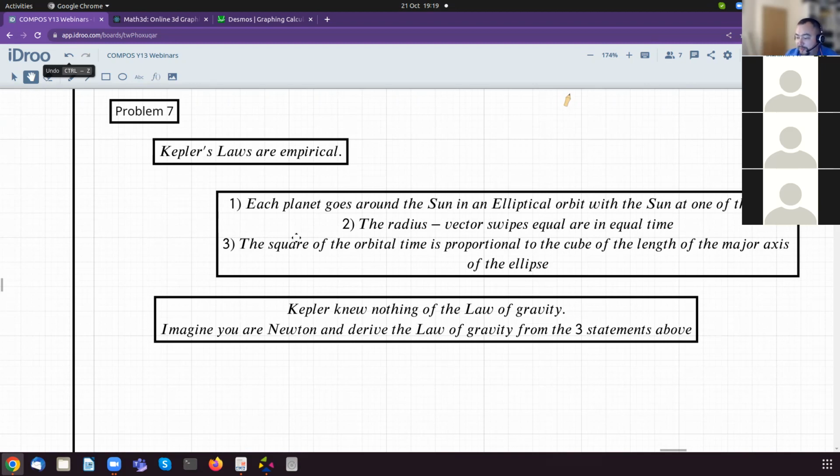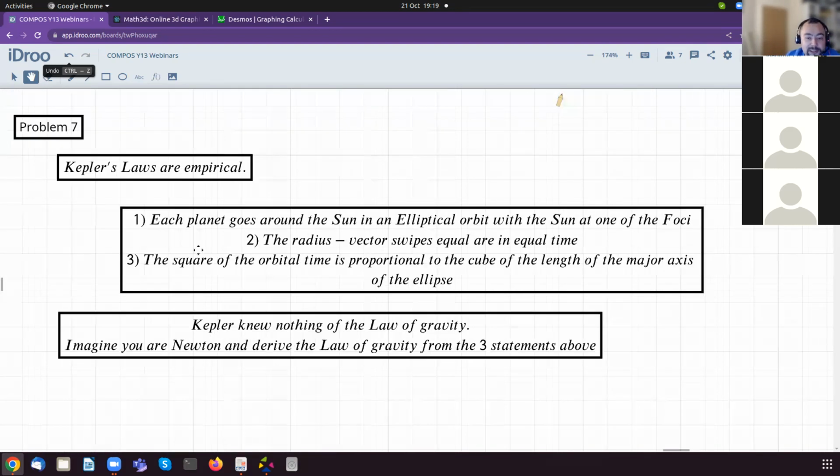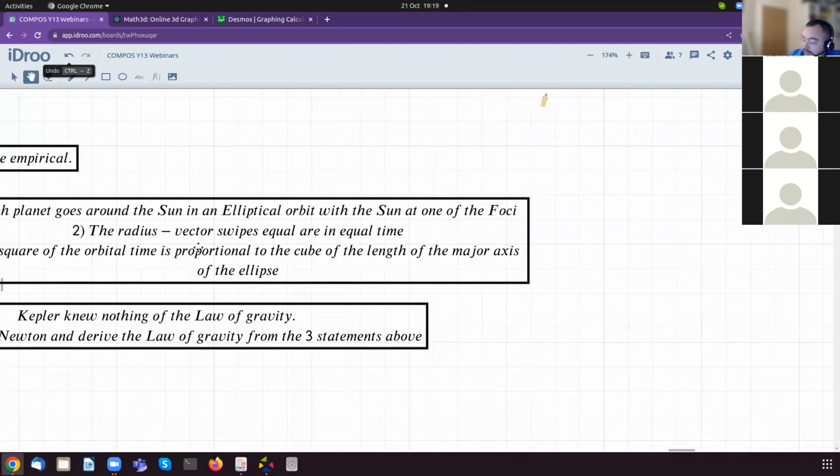So first he assumed that they're going in circles, but then he realized, well, Mercury was a few arc seconds off, and he realized it must be not a circle but an ellipse. That's the first thing he discovered. Each planet goes around the sun in an elliptical orbit, with the sun at one of the foci.